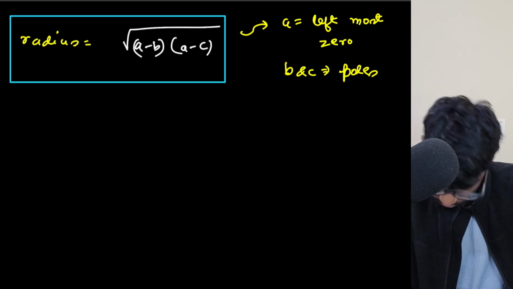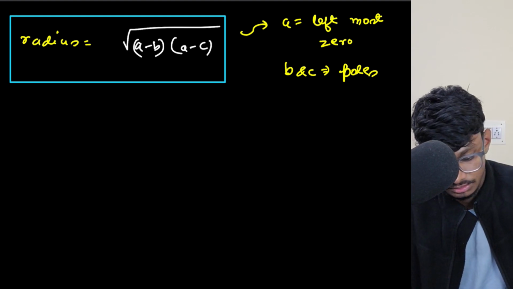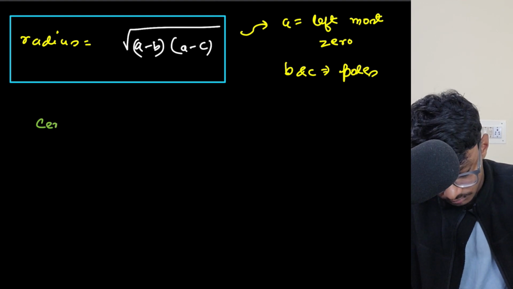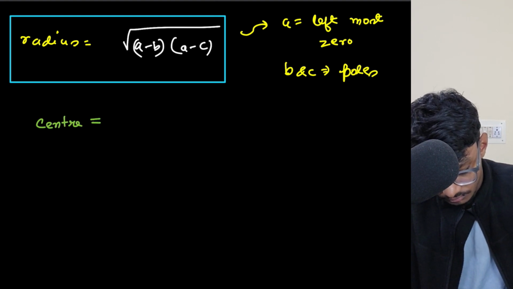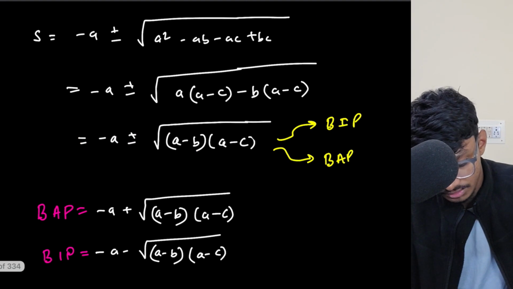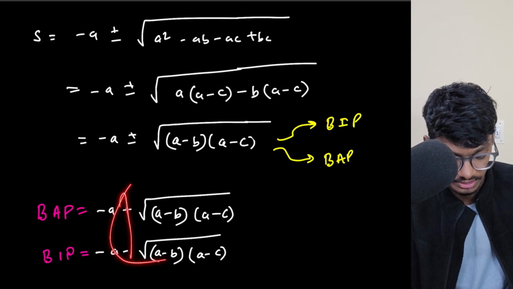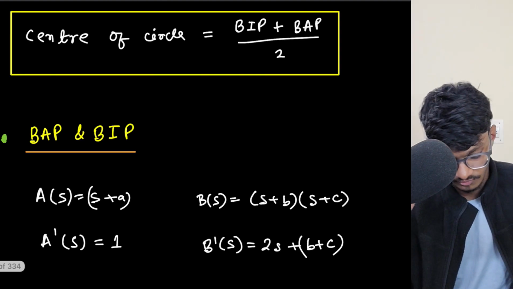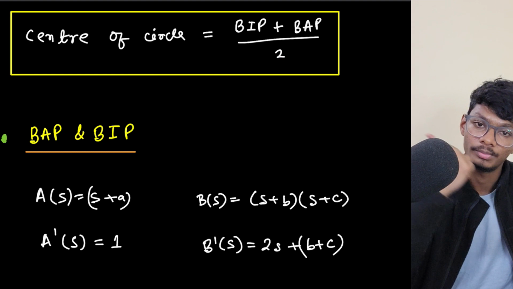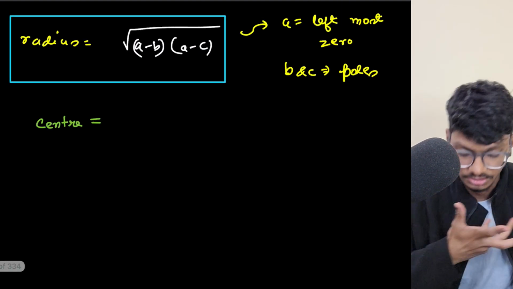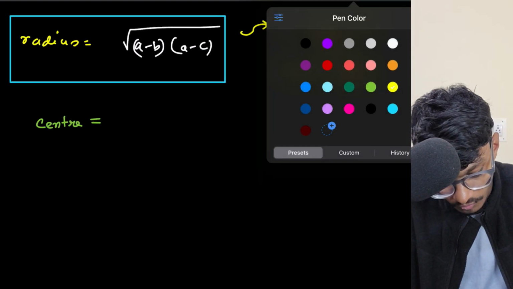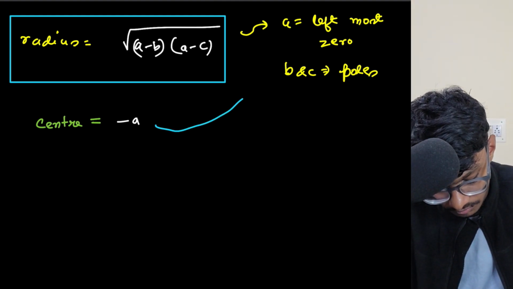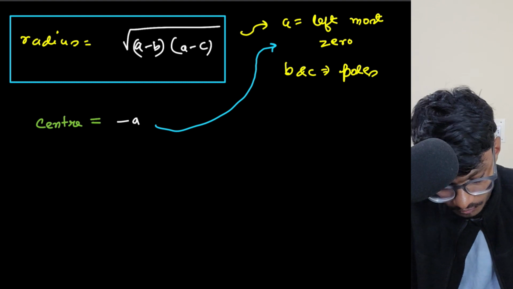And what about my center? Center will be obviously this plus this. So this one gets cancelled out, and we are only remaining with minus 2 minus a divided by 2, as this was the form, right? Center equals break-in point plus breakaway point divided by 2. So it becomes minus a itself. Hence proved. Minus a, which is the leftmost zero.